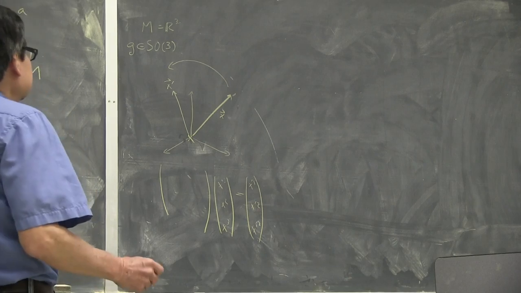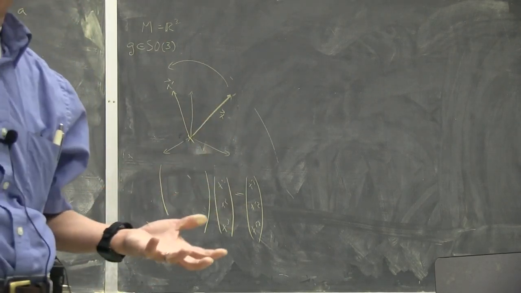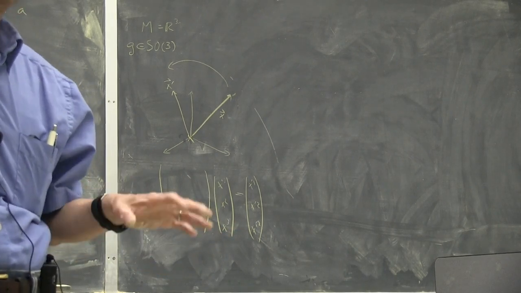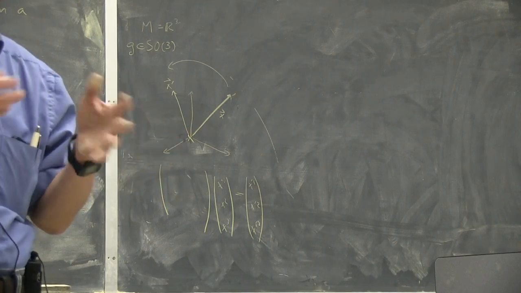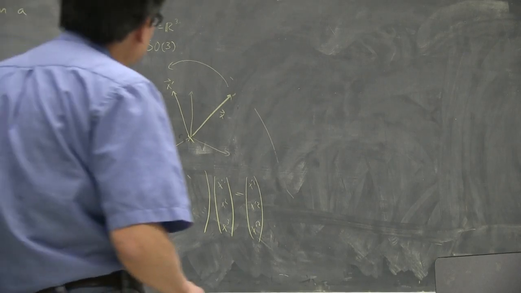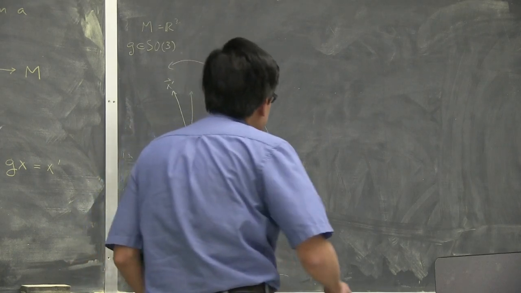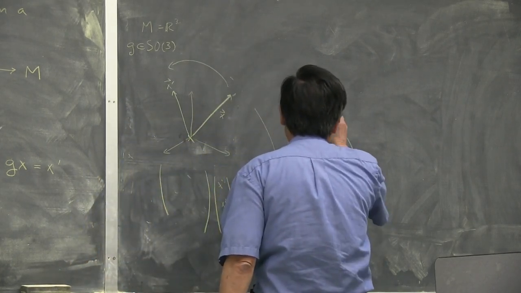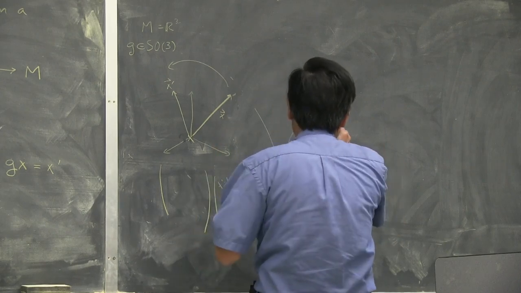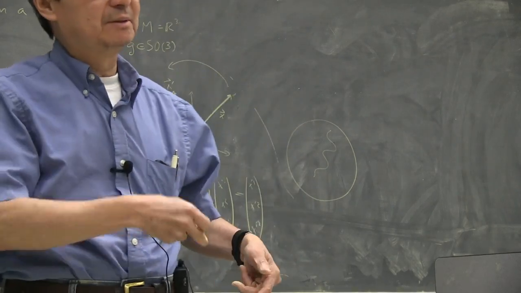Now, you see, the group itself is an abstract algebraic thing, right? The set of 3 by 3 special orthogonal matrices. Let's say if you were not a human being, if you were not living in three-dimensional space like us, and if you were something that lives on a two-dimensional space, okay? Let's say if you were an ant. All you know how to do is to crawl around the surface of a sphere all day long, and you don't know how to jump up and tunnel in and so on.